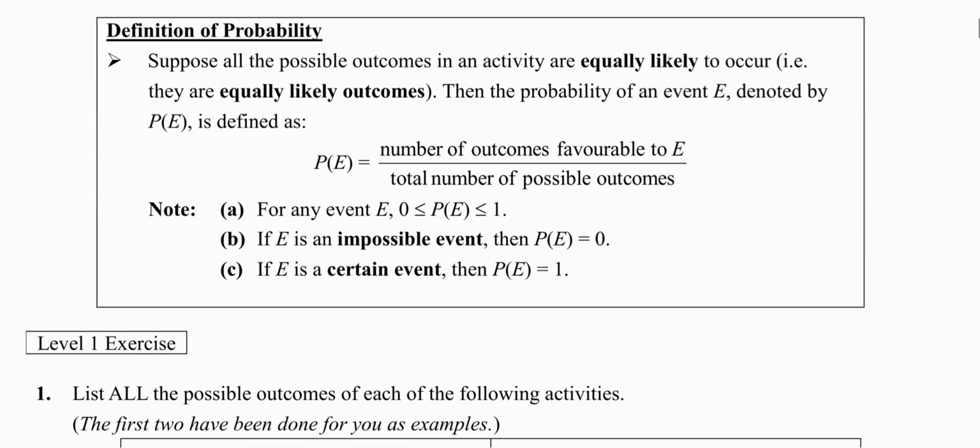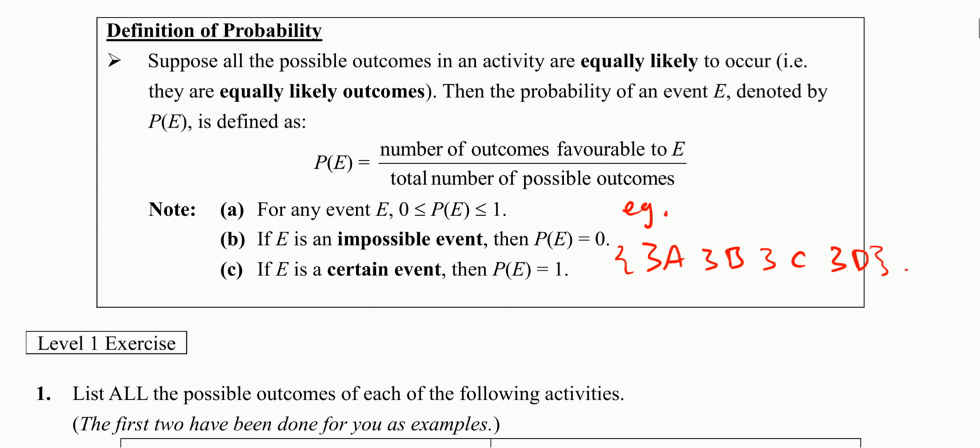This video is talking about the definition or the basic ideas of probability. So let's start. For probability, you will always think of some common examples. For example, if this time you want to promote to Form 4 or another class, you know that in your school you have 4 classes, for example 3A, 3B, 3C, and 3D.